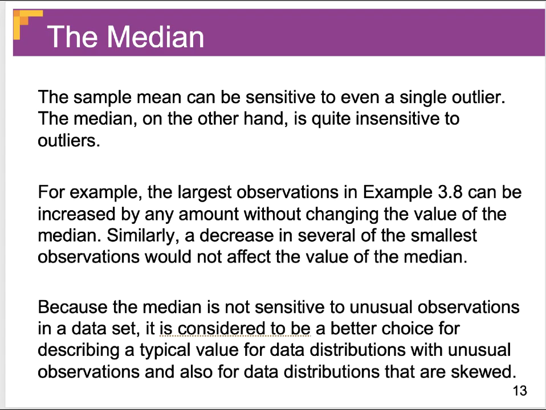Some distributions that are particularly known for having some very large outliers would be things like salaries in companies, where your CEO is going to get paid significantly more than most of the other workers, or housing prices, where occasionally there will be some very expensive homes, but most of the homes are going to be clustered at a much smaller value.